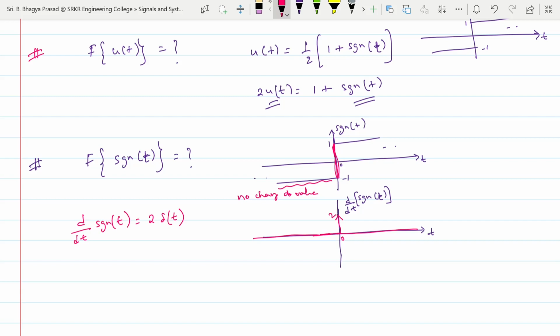I am representing the derivative of the signum function with a simple impulse. Now I am applying the Fourier transform to both sides.